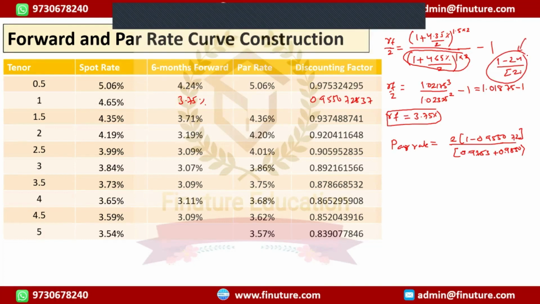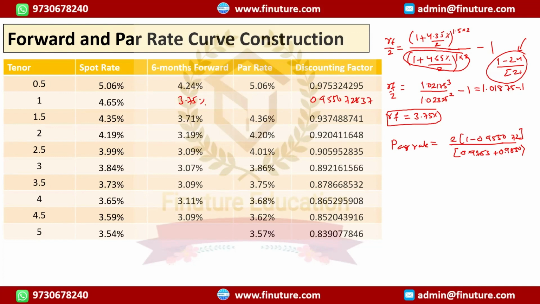This is the formula for the par rate. So let's see how much this comes to. In the denominator, I'm getting around 8.98%, but then we have to divide it by something.